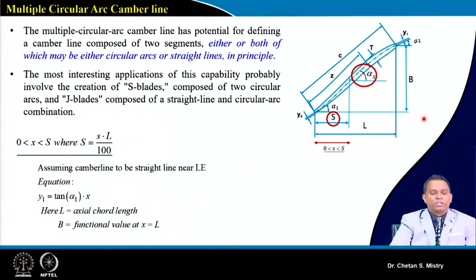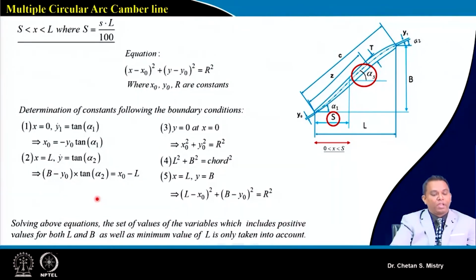Here, for the sake of simplicity, up to our inflection point we have considered a straight line. So, this equation is given by y1 equal to tan alpha 1 into x. We can say this is the equation of a straight line.